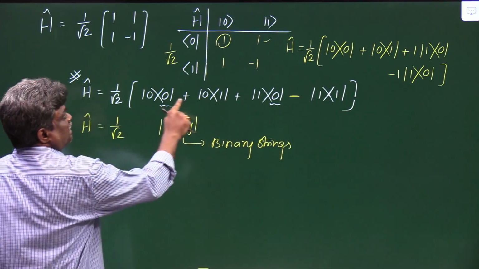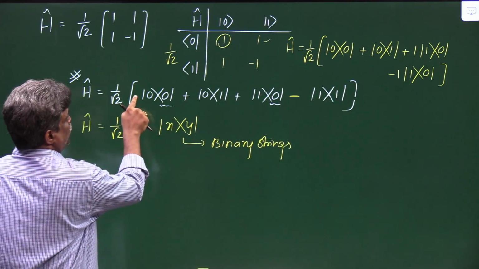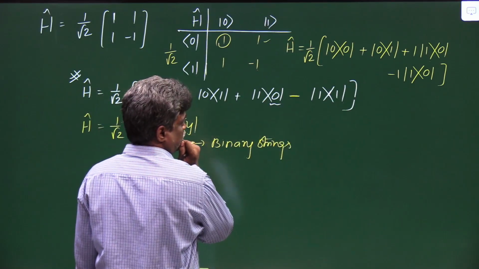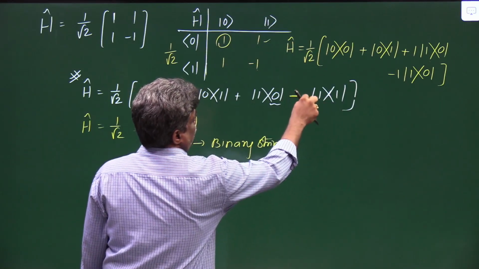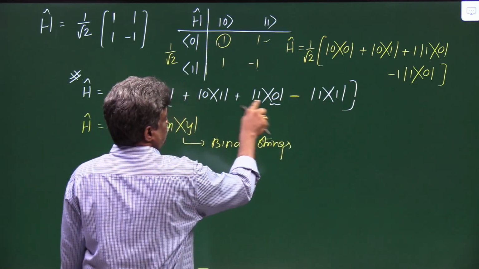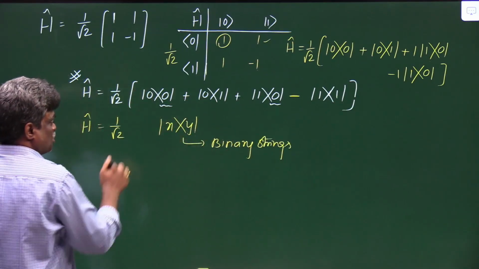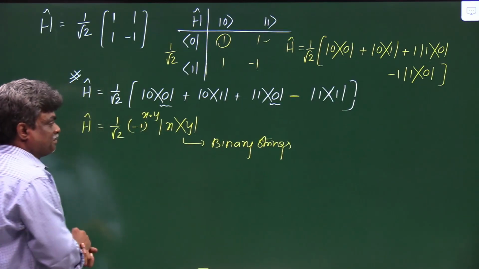And how do we get these coefficients? If you observe carefully, here we got +1, +1, +1, and here -1. Here it is 1 into 1, so we got minus, and the other products are 0. So we can write this as (-1) to the power x dot y.